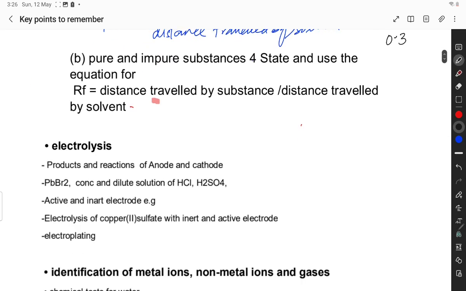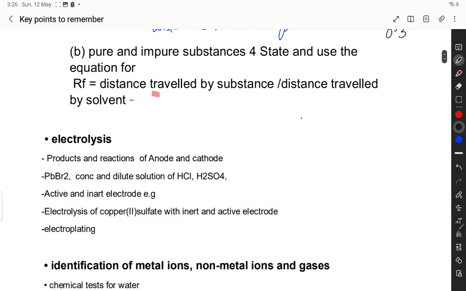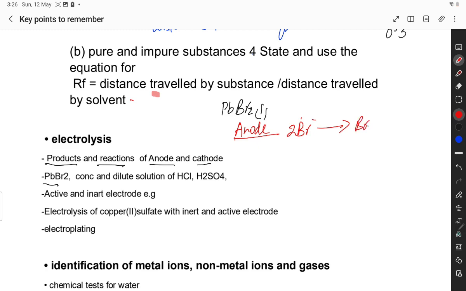So next topic is electrolysis, products and substance. You should know the products and reactions at the anode and cathode of molten lead(II) bromide, PbBr2. The anode reaction is 2Br negative to form Br2 plus 2 electrons.